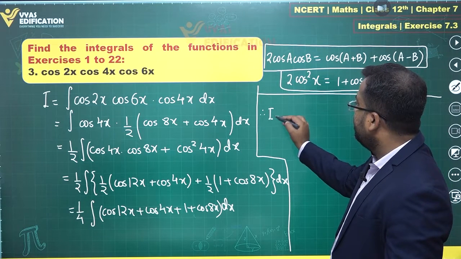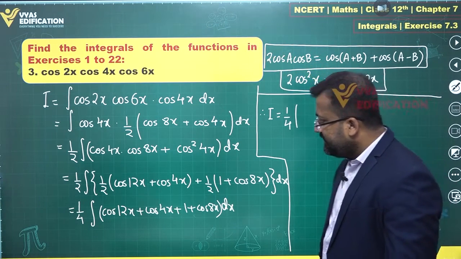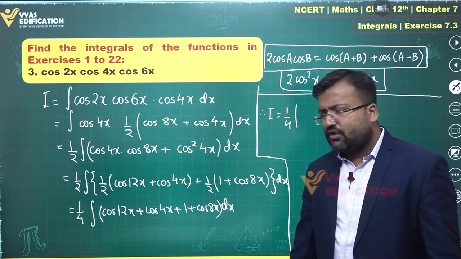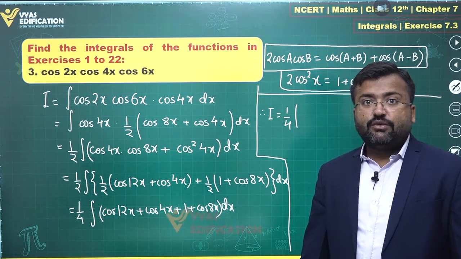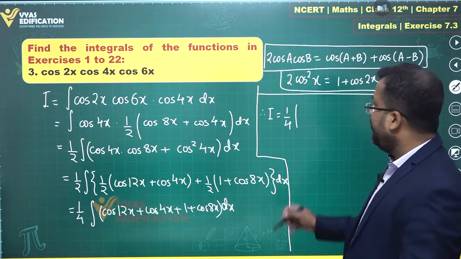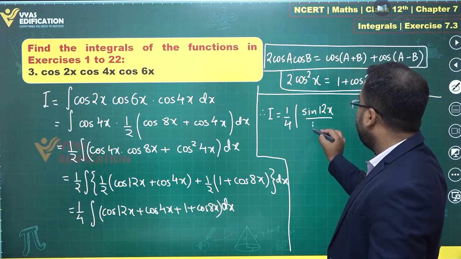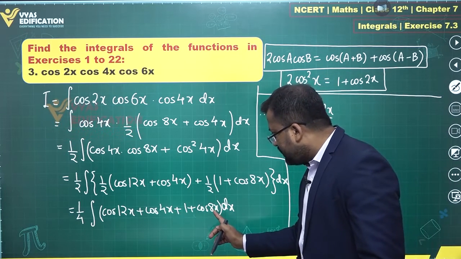Therefore, I is further equal to 1 by 4 is outside, and I can integrate this cos 12x. Now cos 12x will be equal to what? The integral will be simply sin 12x, but we'll have to divide by that 12, right? So this is sin 12x upon 12. Okay, next let me take this cos 8x, right?